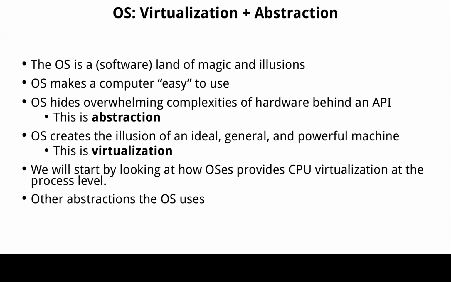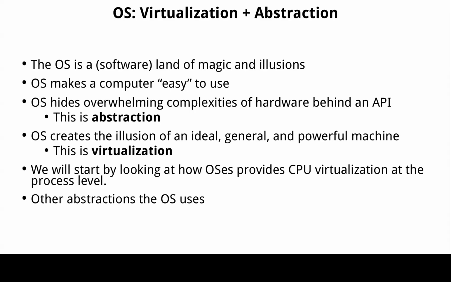On the other hand, hardware is very limited. They only have very limited resources. So how can we run so many different applications on one operating system with very limited resources? Then we need an illusion.